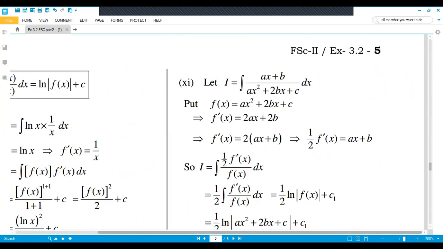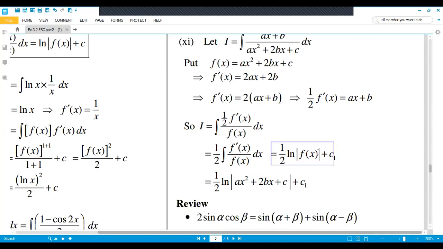In the 11th part, you are given ax plus b divided by ax square plus 2bx plus c. This is the second rule. One rule we studied: the first rule is that if any function's derivative is present in the product, then in integration you remove the integral sign, add 1 to the power, and divide by the same power. That is rule 1. Rule 2 is that if a function's derivative is present in the numerator, then the answer is the natural log of the same function.